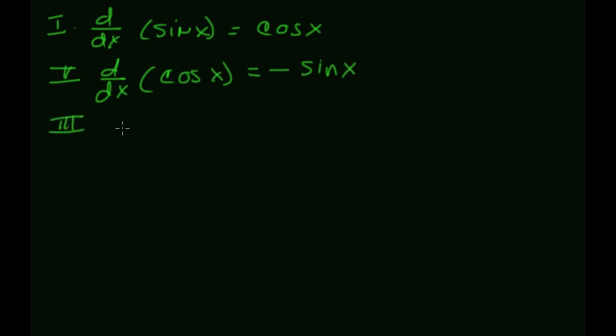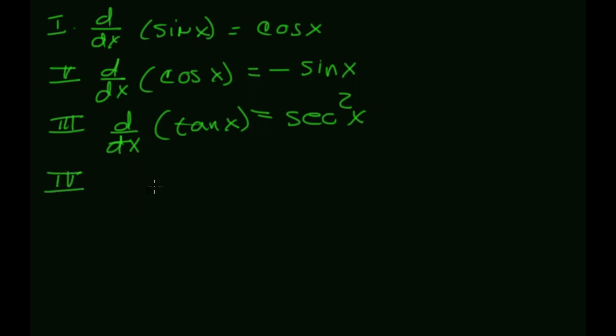Number three, the derivative of the tangent of x is the secant squared of x. So we've seen that one proved. Not too bad. And then we have the other three trig functions. You can prove each of these using the quotient rule, just like we did with the tangent.